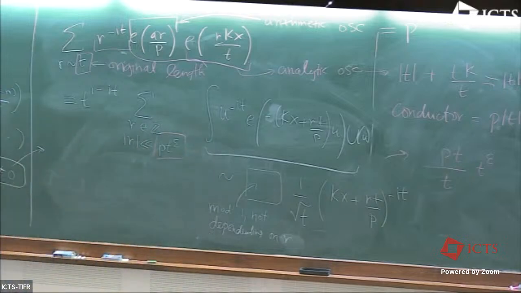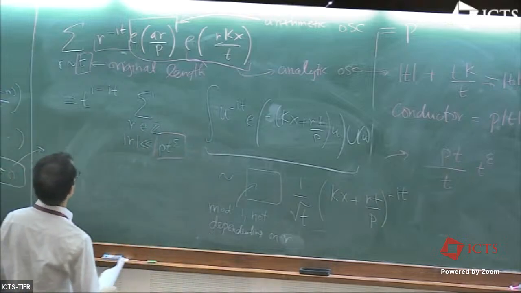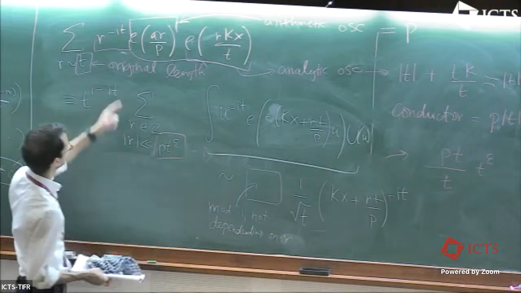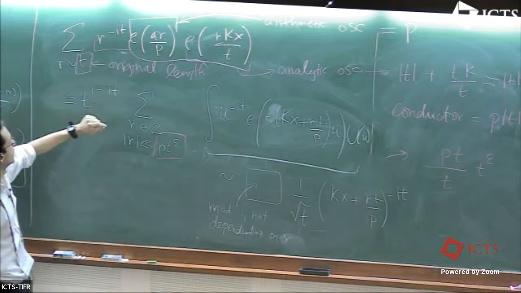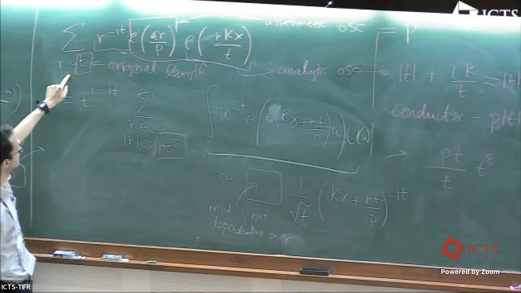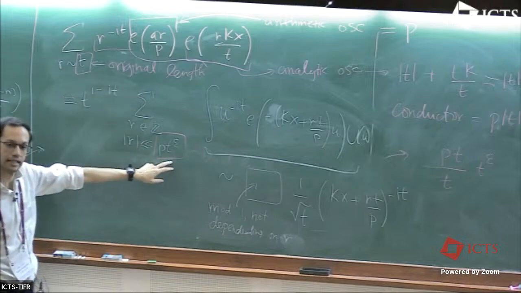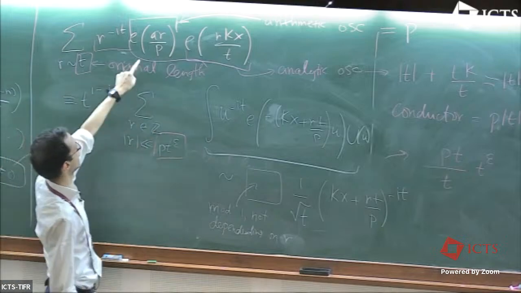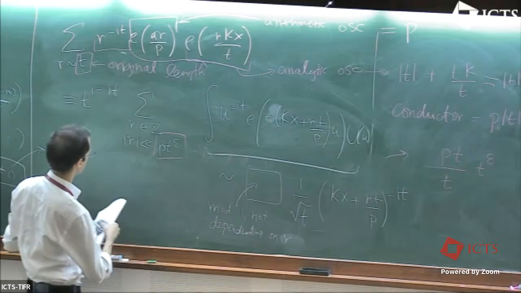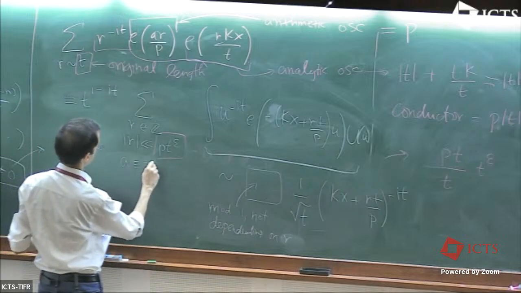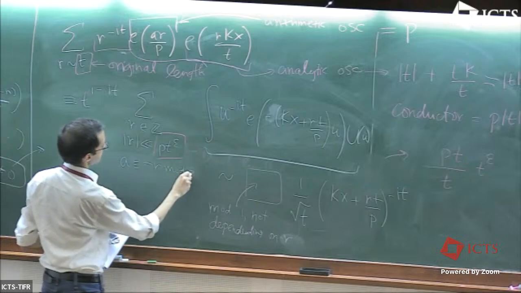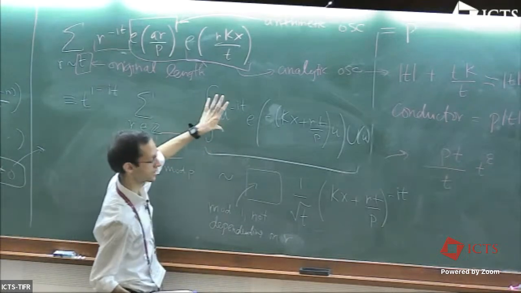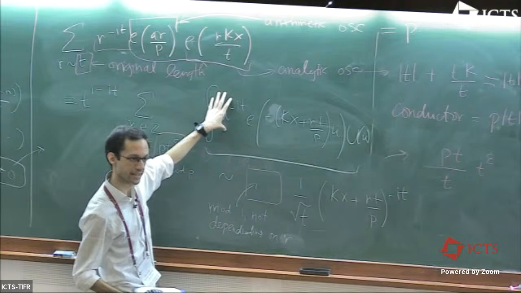Okay. So the point of this analysis is two things. First, when you do the Poisson summation formula, you will get a dual length, which is conductor over the original length. Your additive character becomes a congruence condition that I erased. And this integral, you'll have to do a stationary phase analysis.